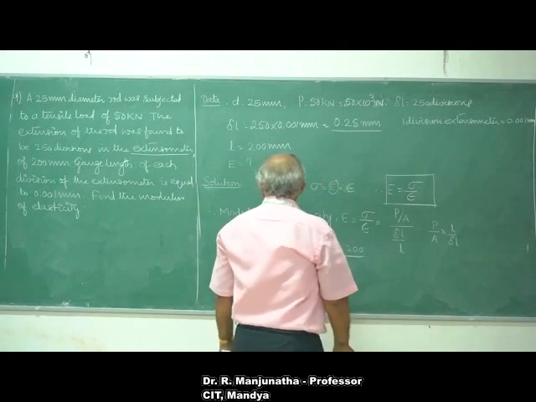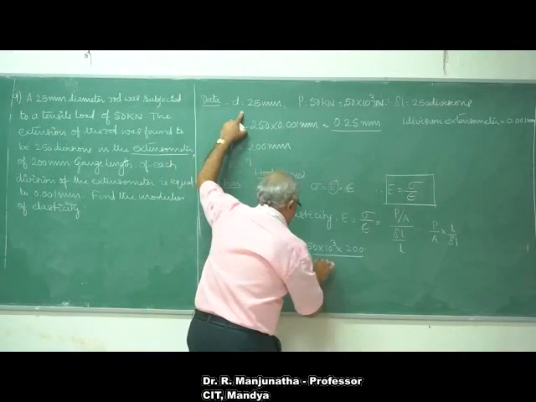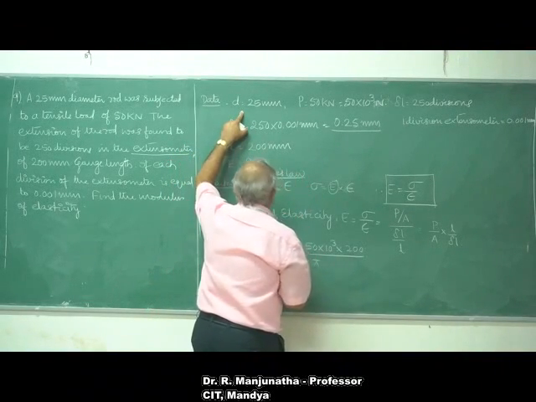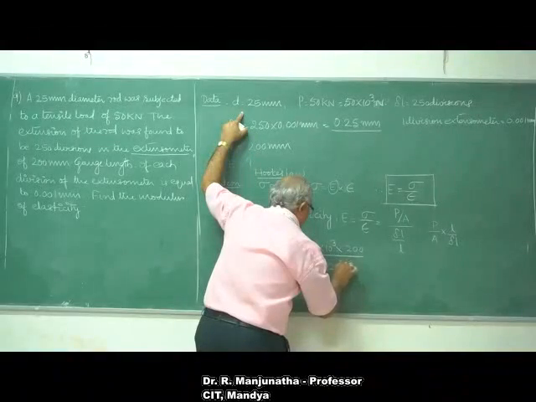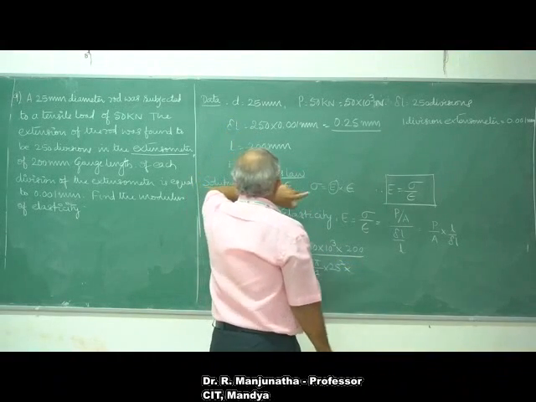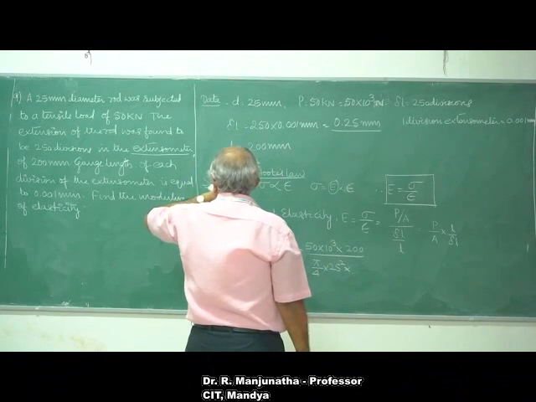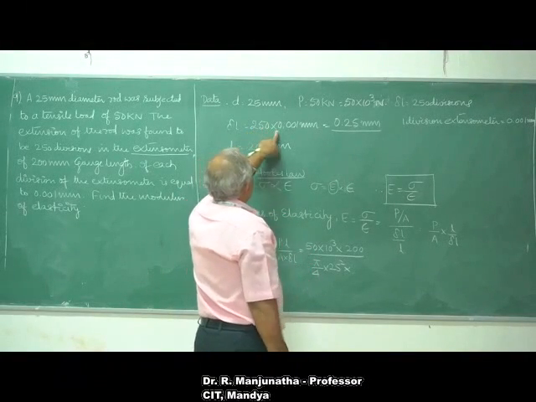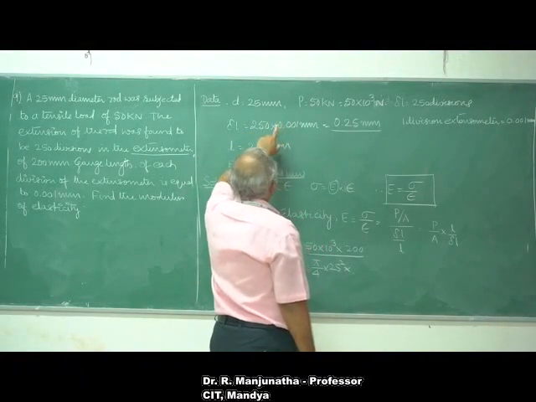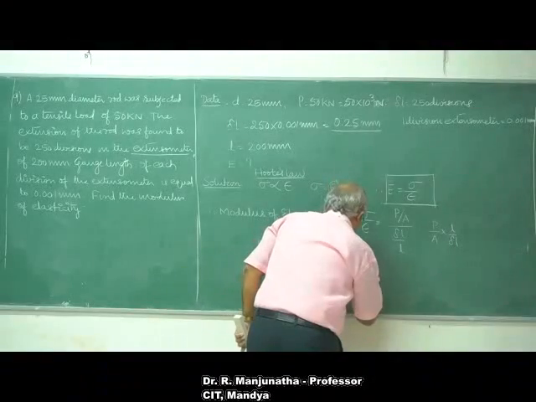The area of cross section of the bar A, since it is a solid steel bar, is pi by 4 into 25 square. The change in length from the extensometer is 250 divisions, one division is 0.001, so multiplying by 250 we get 0.25.